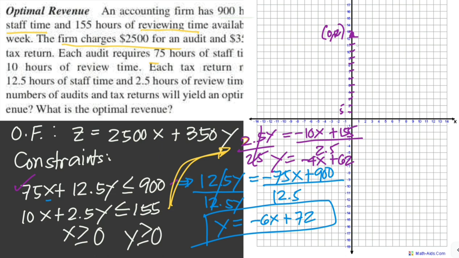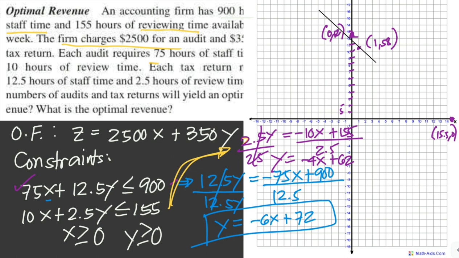So it should be somewhere here. And when x is 15.5, y is 0. So (15.5, 0).